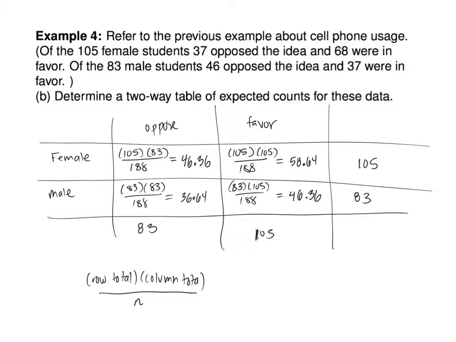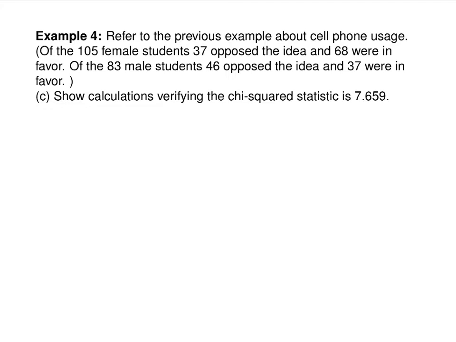So, show the calculations verifying that the chi-square statistic is the 7.6 stuff. So chi-squared was equal to the sum of observed minus expected squared over expected, right?